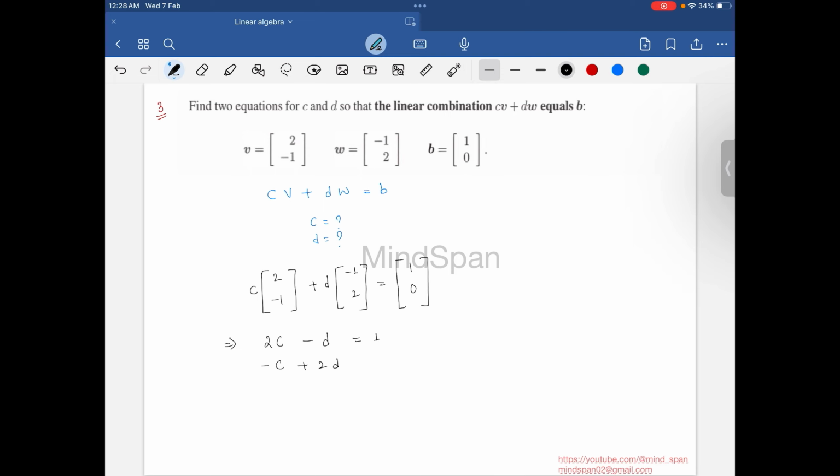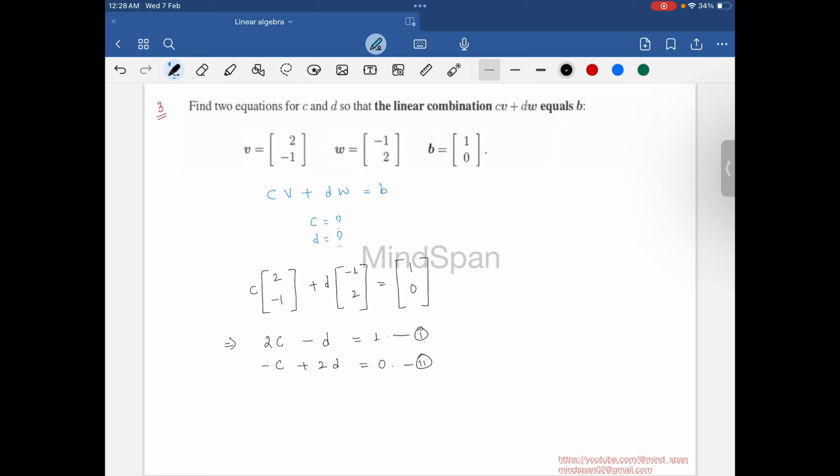The first component should give 1 and the second component should be 0, right? So what we have done is simply performed two operations, scalar multiplication and addition. Now we have these two equations, right? We can solve these two equations and get the values of c and d.